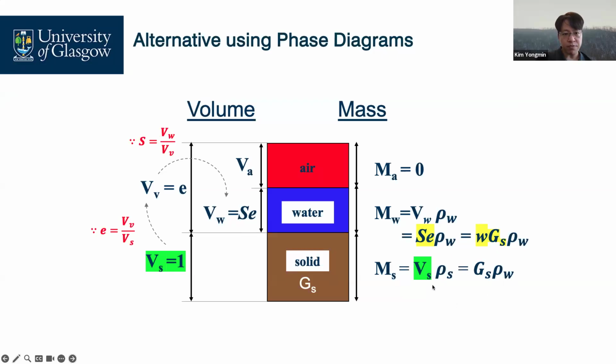This is the specific gravity definition, right? Because Vs equals 1, Gs is the soil particle density over water density. And then Mw is Vw rho w, right? Vw equals Se here. Se rho w. Se equals w Gs, so w Gs rho w.